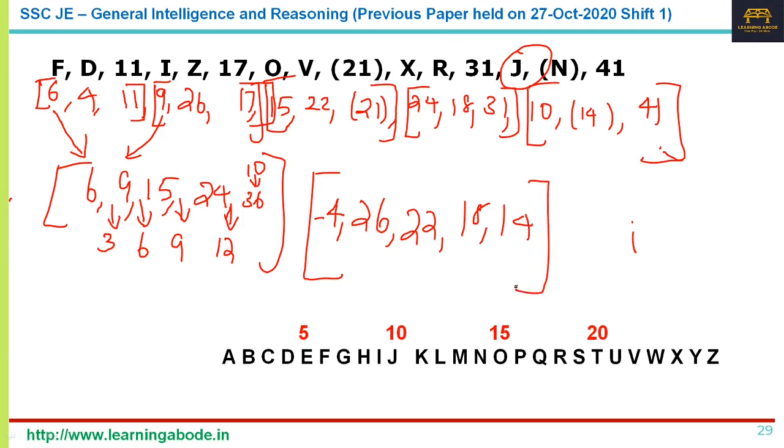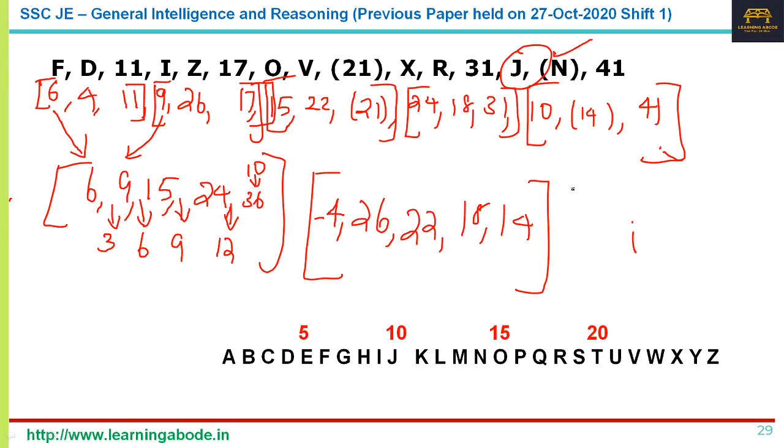You have D, you go 4 places back. Z, go 4 places back. V, you go 4 places back. You have R, go 4 places back, N. So which means N is correct. So the second bracketed letter is correct.